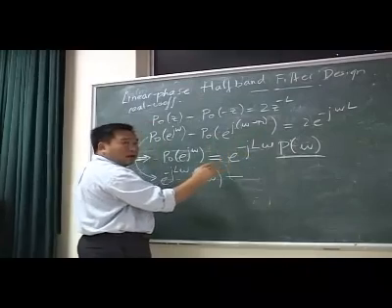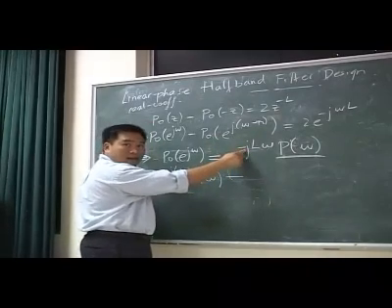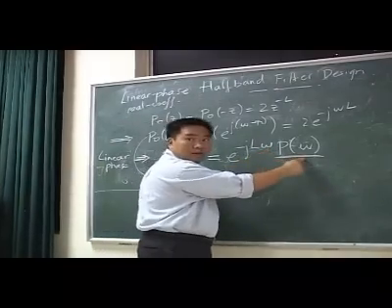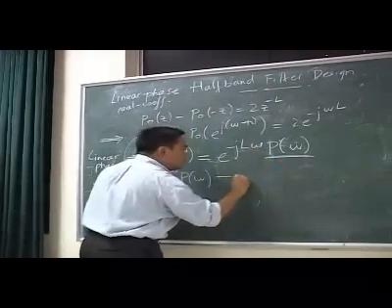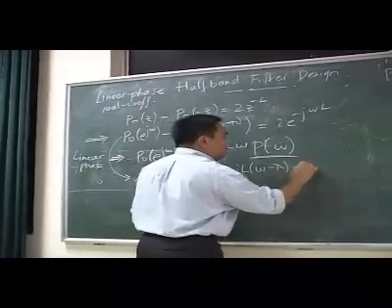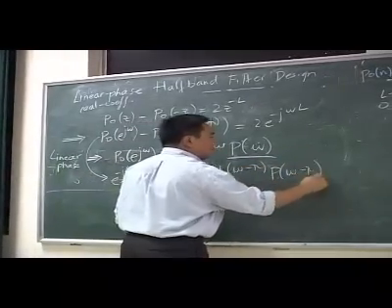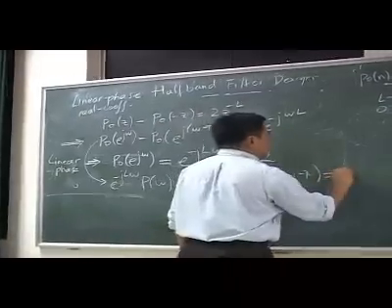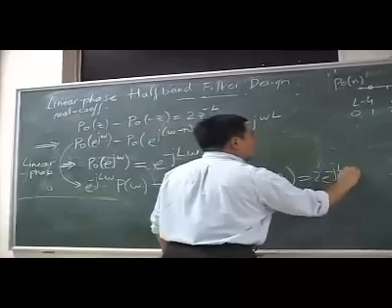So I will have e to the minus j L times omega minus pi, P of omega minus pi, equal to 2 e to the minus j L omega.